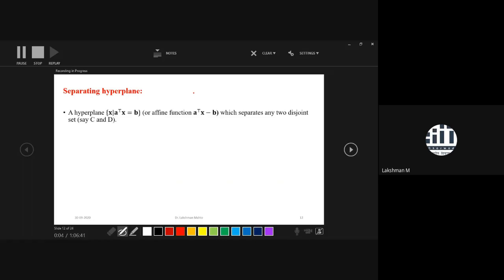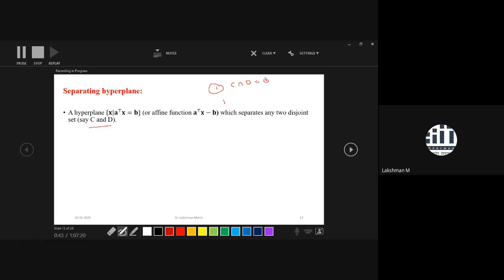Now we come to the separating hyperplane, which separates any two disjoint sets. Remember, if you want to come across a separating hyperplane, the algorithm is to take two disjoint sets. First criterion, you have to check whether the given sets are disjoint or not. It must be disjoint, then you will talk about separation. So the intersection of C with D is empty, that means disjoint.